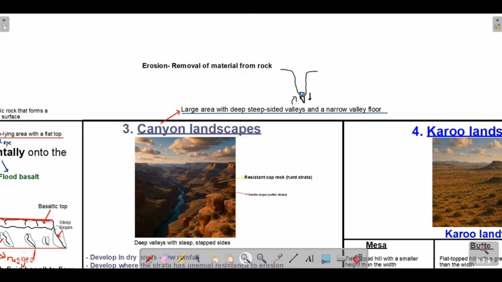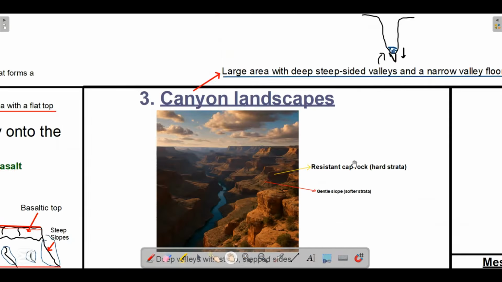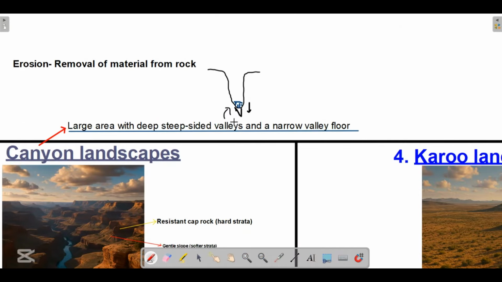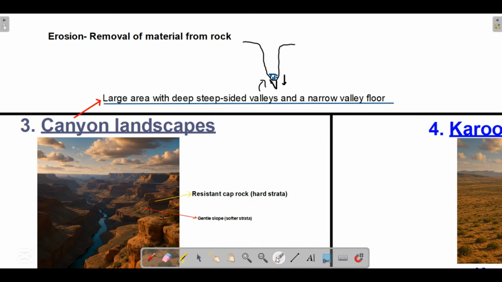So if you have running water here, this running water is eroding the rock such that over time it becomes deeper and deeper. We call that vertical erosion. So the river erodes these valleys vertically, and it's the river that actually formed these canyon landscapes. So the role of a river in canyon landscapes is quite important.